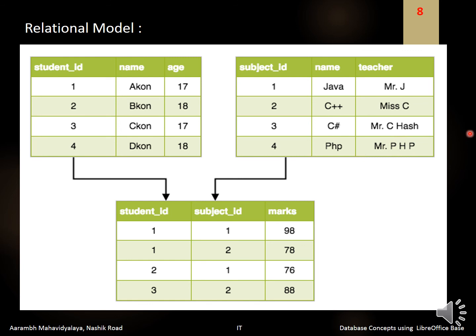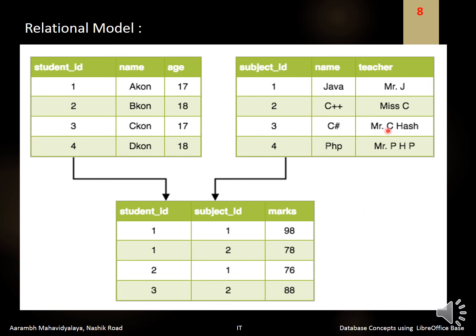Here Mr. C hash teaches C# with subject ID 3, and here Mr. PHP teaches PHP with subject ID 4. Now here student ID and subject ID are two different fields, and we have displayed these fields in the third table, that is student ID, subject ID and their marks. Okay, this is known as the relational model.